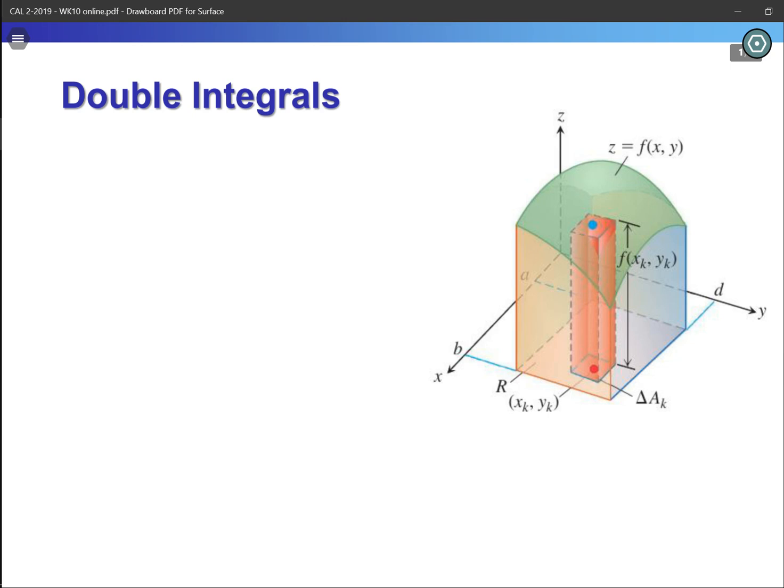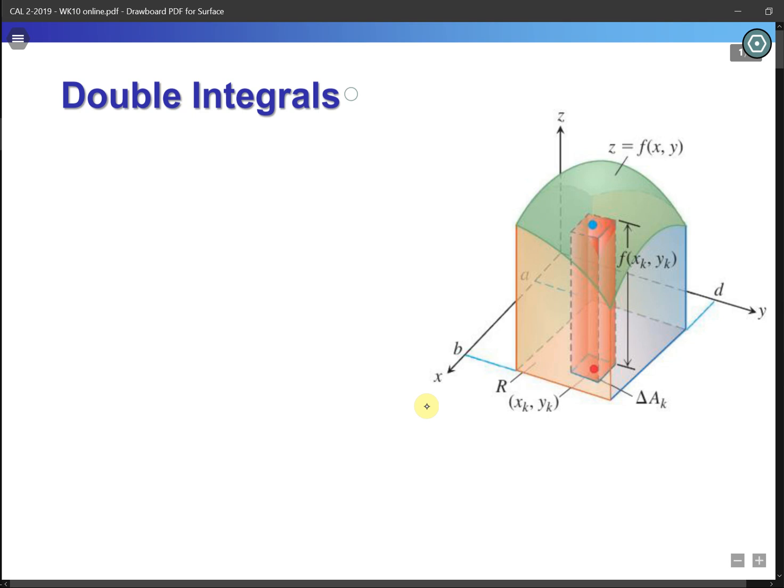Okay, so last week we talked about this. We talked about the physical meaning of double integrals, and we also talked about the comparison to the single integral.